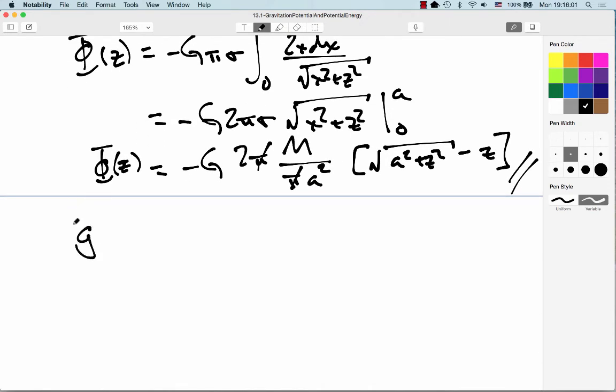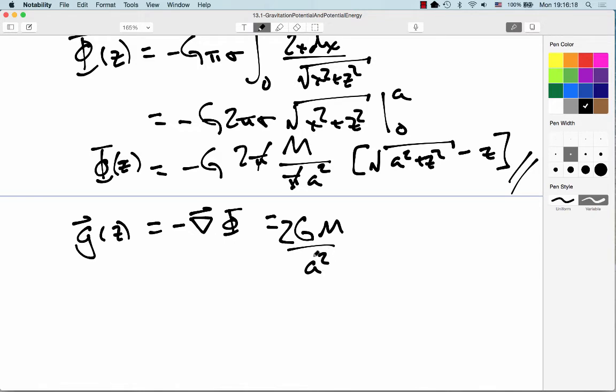So now we're going to calculate g at z and say that's equal to negative the grad of phi. All right, so minus sign, and we have a minus there, gives me a plus. So I have 2GM over a squared. And then when I differentiate this, I am going to get z over root a squared plus z squared minus 1.